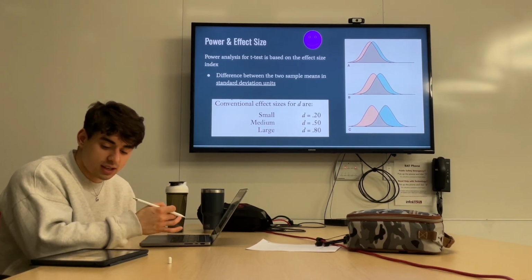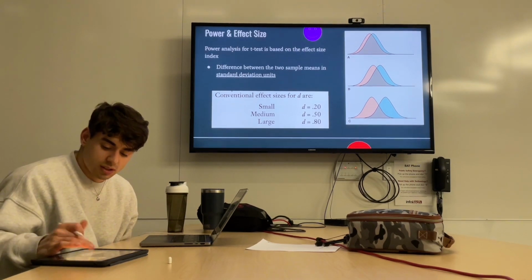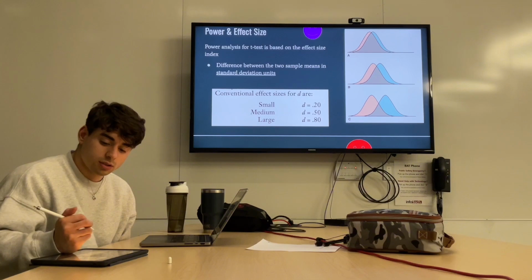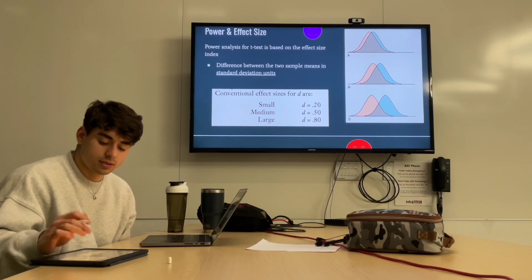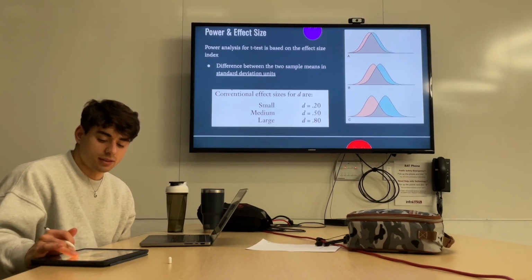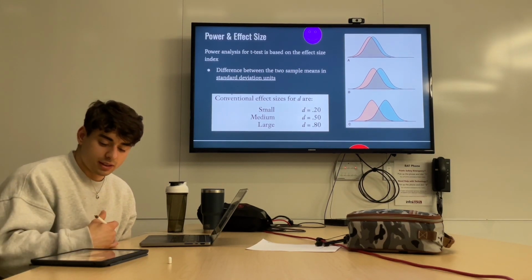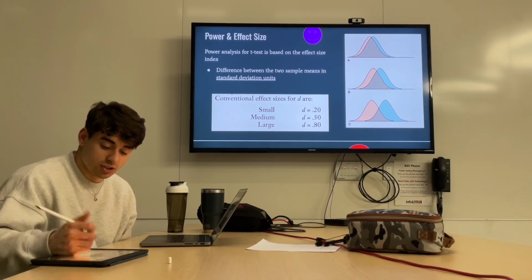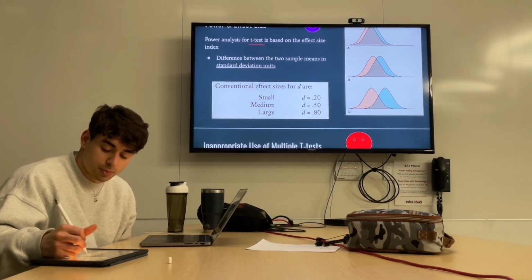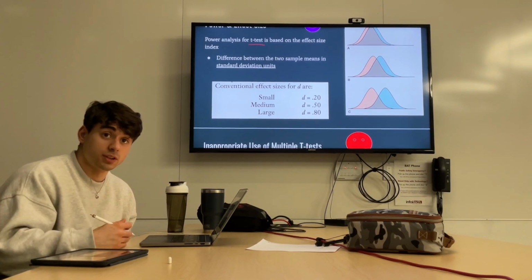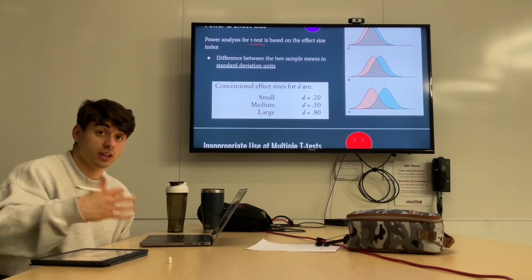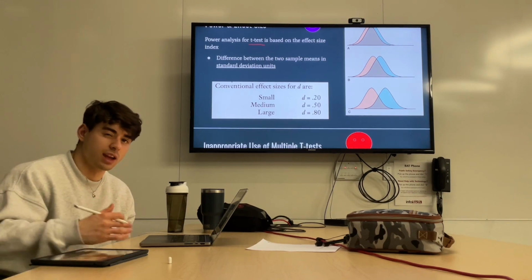For the t-test, it uses two means in standard deviation units. I don't think you have to go crazy into this stuff. Just know that there's a test using standard deviation units for t-tests, and basically 0.2 would be 0.2 of a standard deviation, 0.5 is half a standard deviation. As it goes up, the more standard deviations, the more of an effect it has.